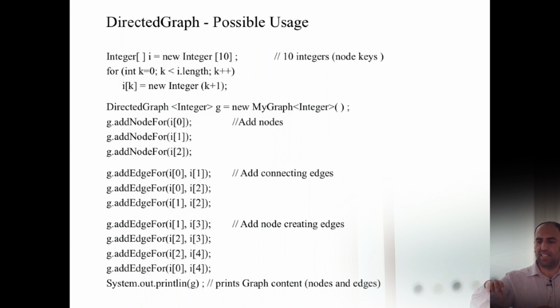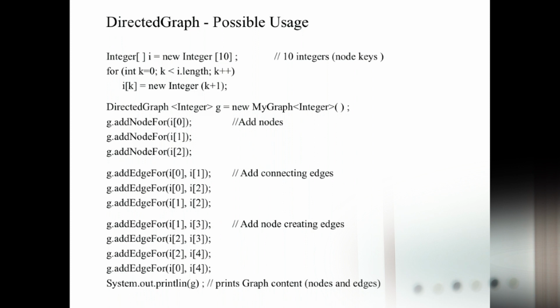These lines will only add the nodes. They will not add any edges between them. If you want to add edges between them, you can call the add edge for method. Here I0 is the source, and this is the target. So these 3 lines will create 3 edges: between 0 and 1, 0 and 2, and 1 and 2.